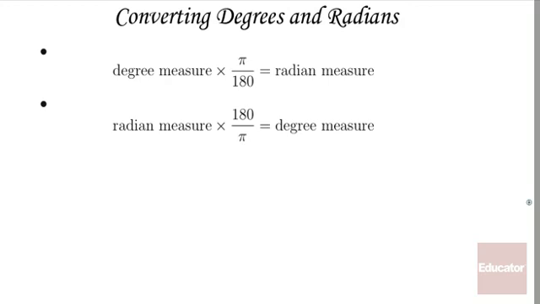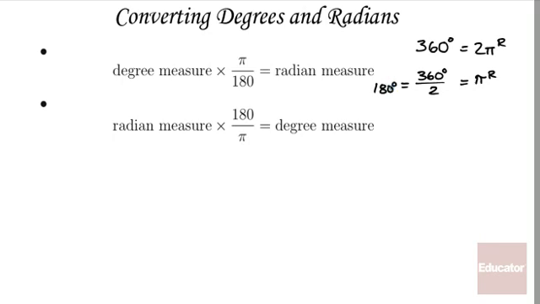So let's practice going back and forth between degrees and radians. Remember that 360 degrees is a whole circle, and that's 2 pi radians. What that means is that pi radians is equal to 360 degrees over 2, which is 180 degrees. So pi radians is 180 degrees.